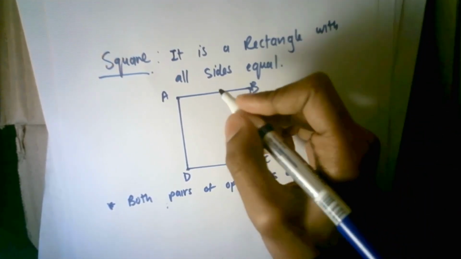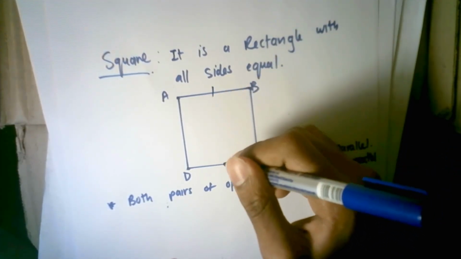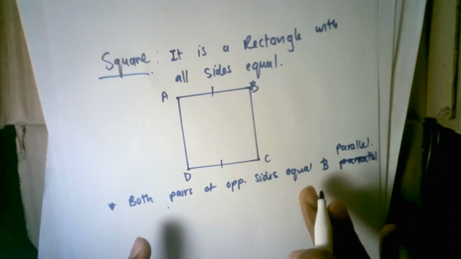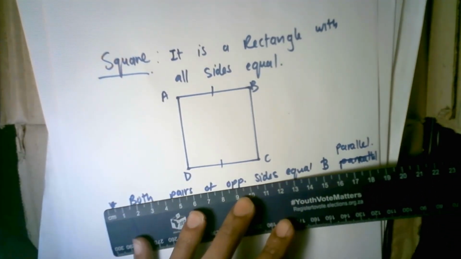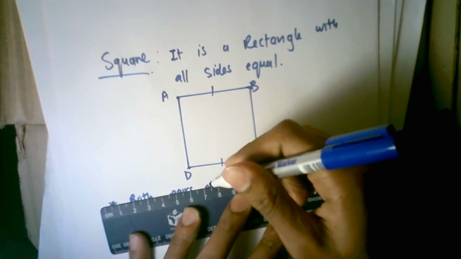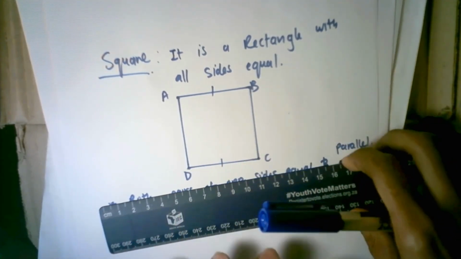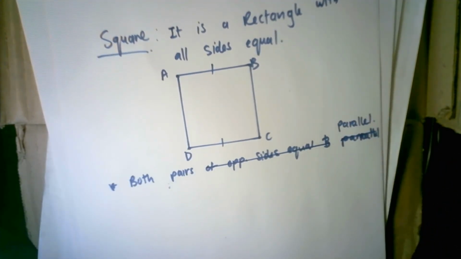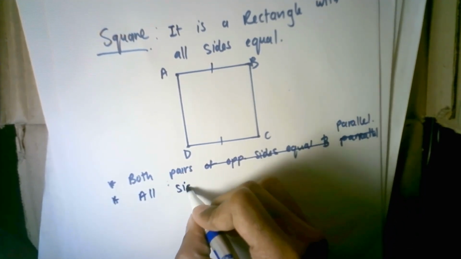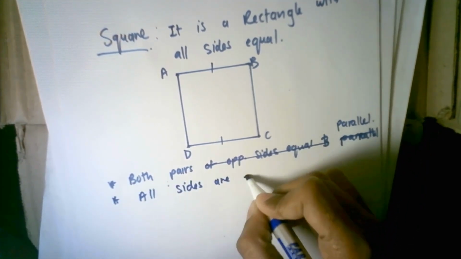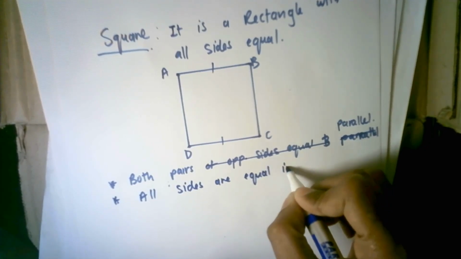So both pairs of opposite sides are equal and parallel. Actually, that is true, but let's just say both pairs of opposite sides are parallel for now. I'm just realizing that it's sort of a given that both pairs of opposite sides will be equal. Why? Because all sides are equal in length.